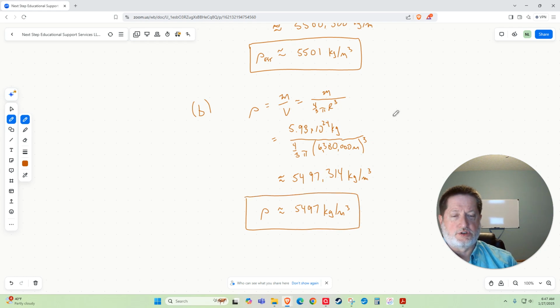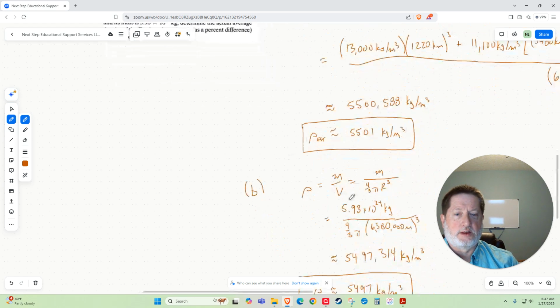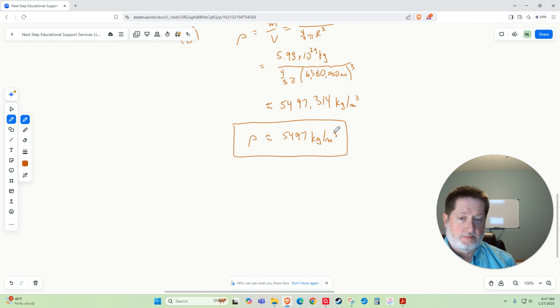And for the final part of this question, they want to know the percent difference. Determine the actual density and compare it as a percent difference with the one you determined in part A. So you're doing percent difference. It was covered much earlier in the book. This is our actual, they're calling it, but again, it's modeled a bit on the sphere because it's not exact.